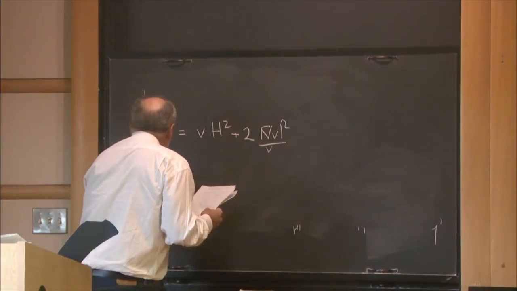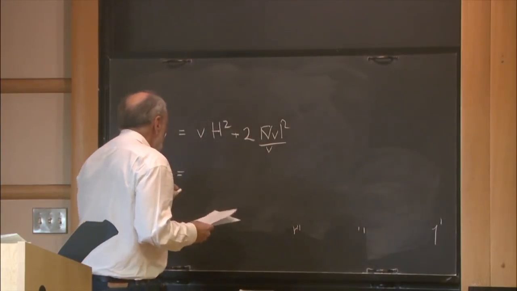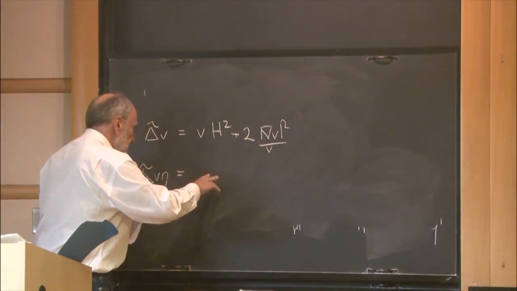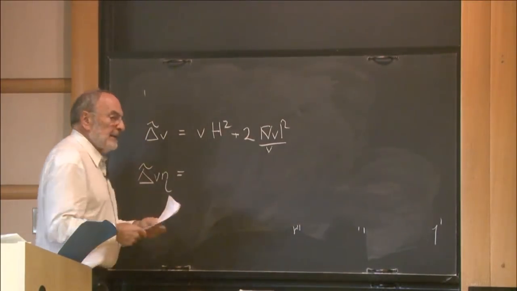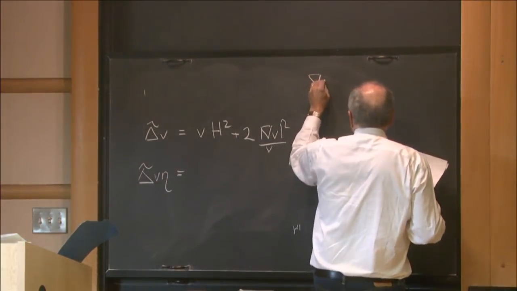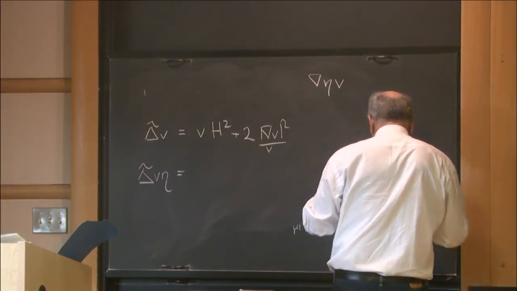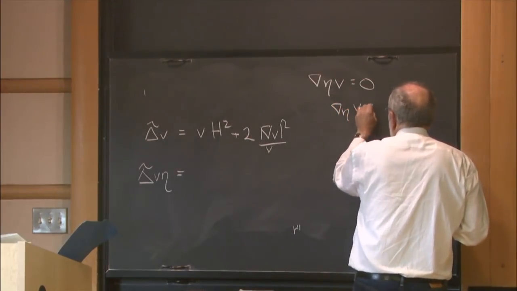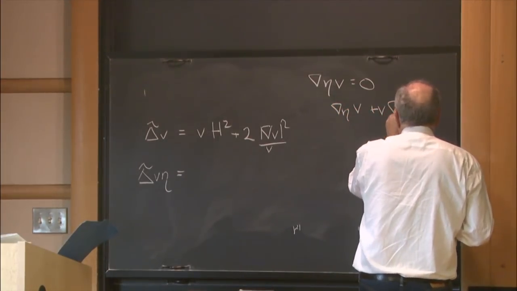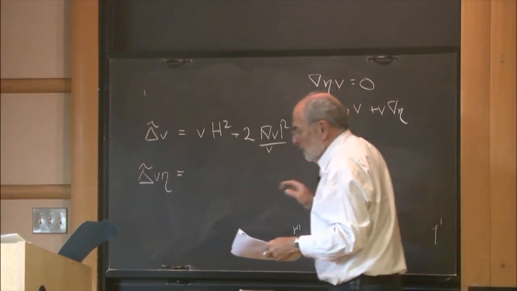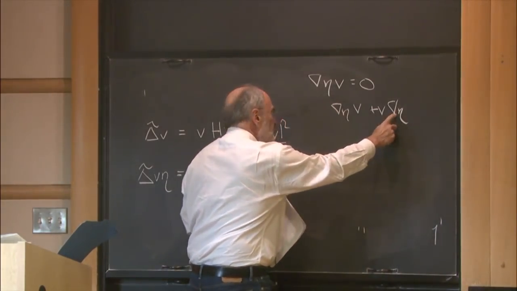If you take the drift Laplacian of v eta, you can work that out in terms of the drift Laplacian of v times eta plus the drift Laplacian of eta times v, and then you have an inner product of a gradient term. If you're at a point where the gradient of eta v equals 0, that's the gradient of eta v plus v gradient of eta.